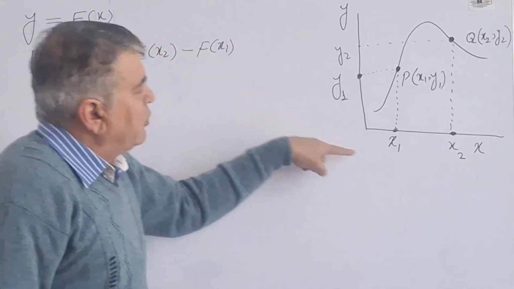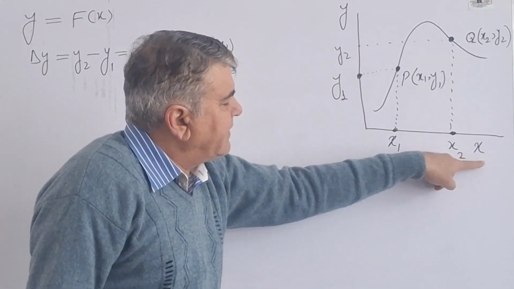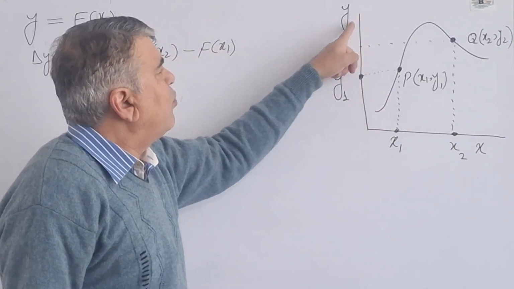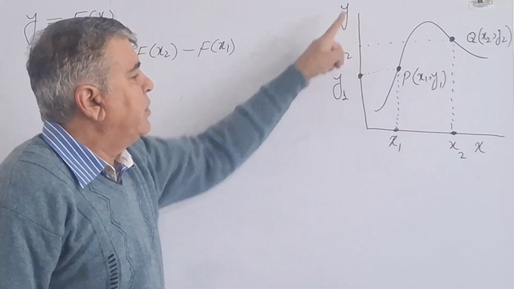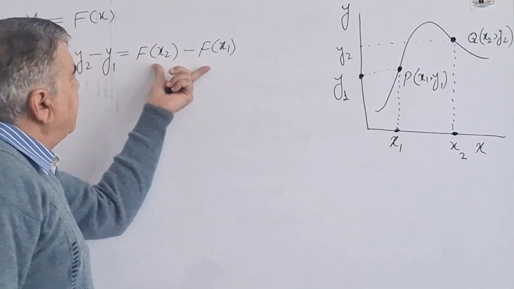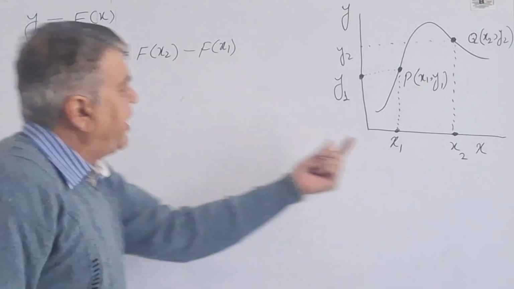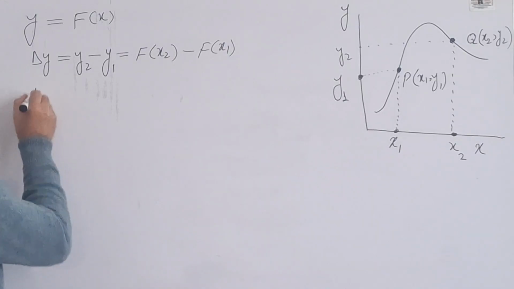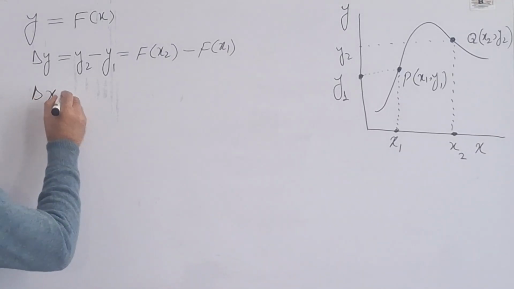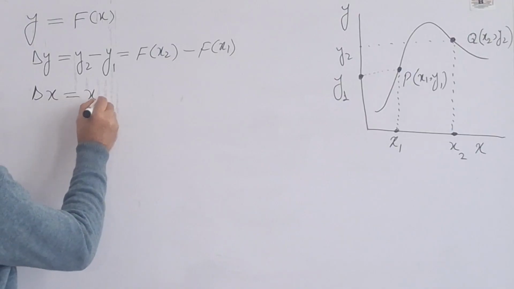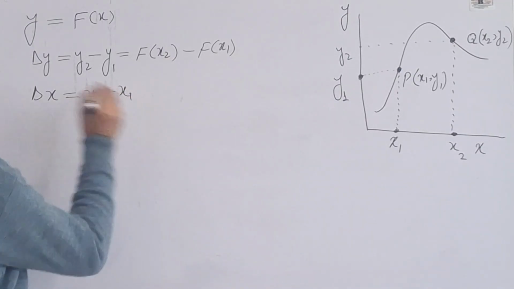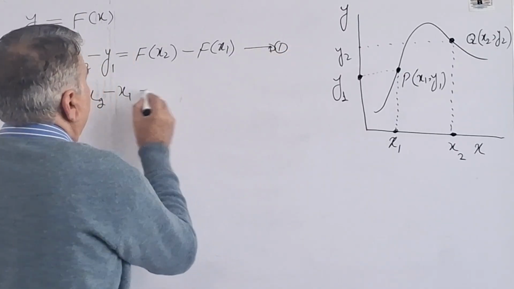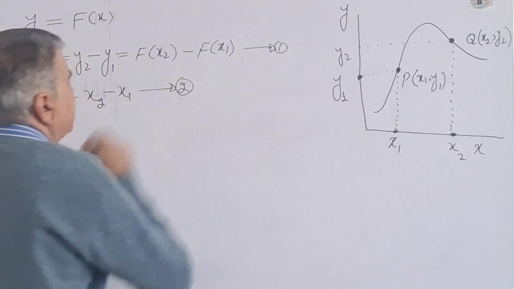Let me say the variable that we take along the x-axis is called the independent variable, and the function that we take along the y-axis is called the dependent variable. So the change in the function corresponds to the change in the values of the dependent variable, and I write the change in the independent variable as delta x equals x2 minus x1. I call this equation 1 and this one equation 2.